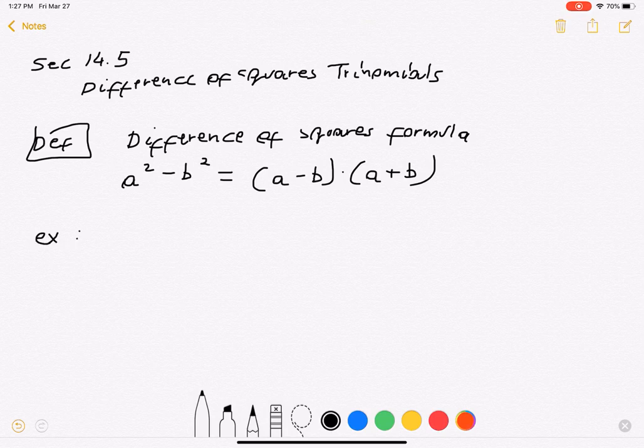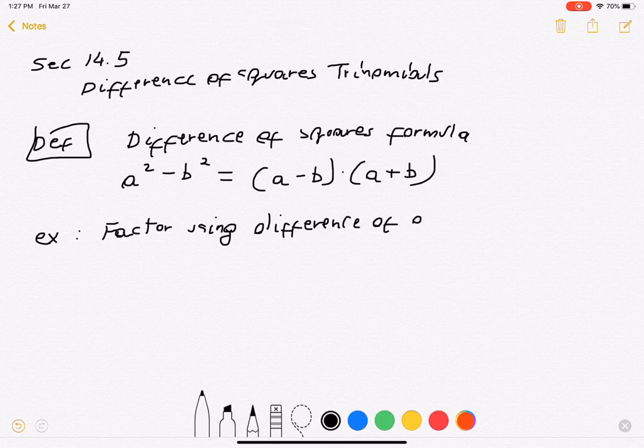Let's say you have to factor using difference of squares.